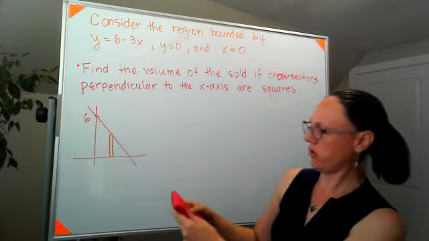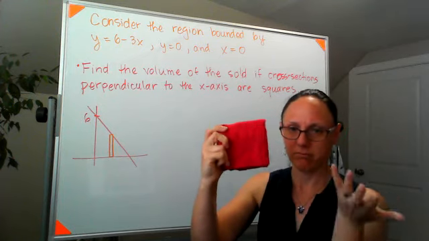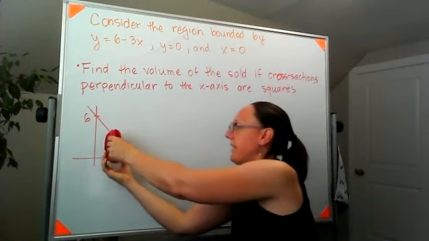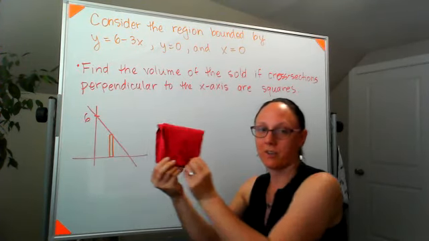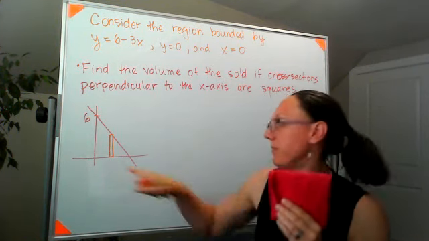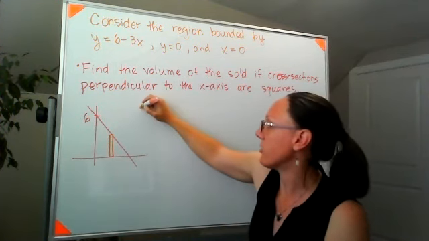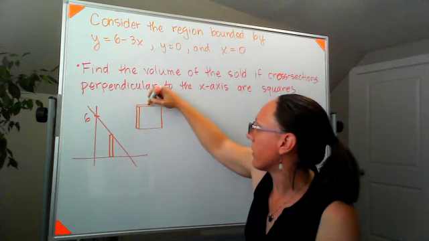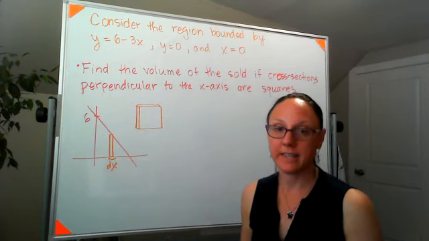This square is sticking out from the board, perpendicular to the board, so it has one edge that's drawn right there. Or, to come off to the side to draw it, we have this square with a little bit of thickness, and that thickness is going to be the dx.